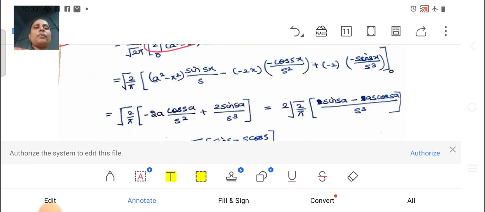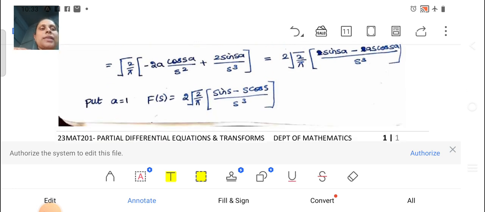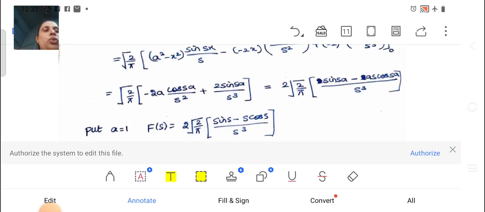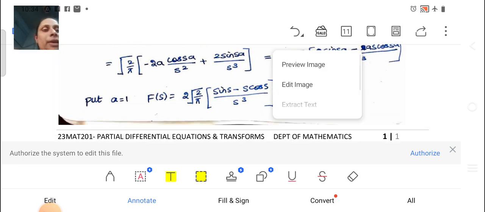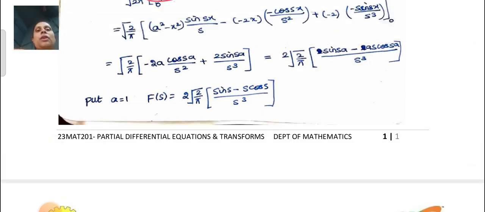After the substitution we get root 2 by pi, (−2a cos sa by s² + 2 sin sa by s³). The denominator is the same. Then we substitute a equal to 1, so 2 root 2 by pi, (sin s − s cos s) divided by s³. So this is the Fourier transform.